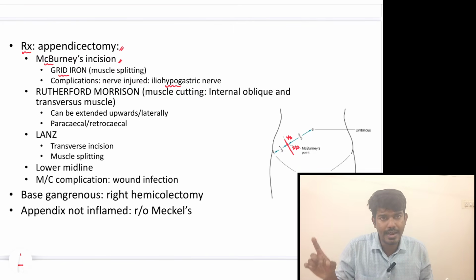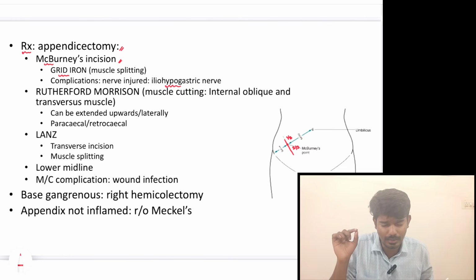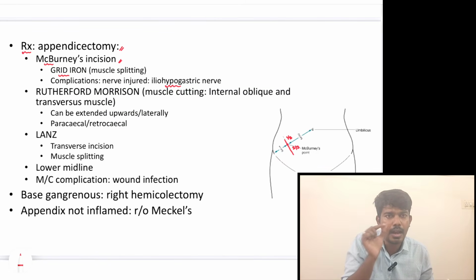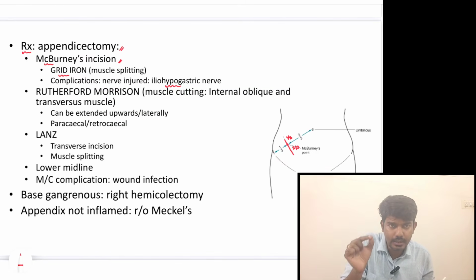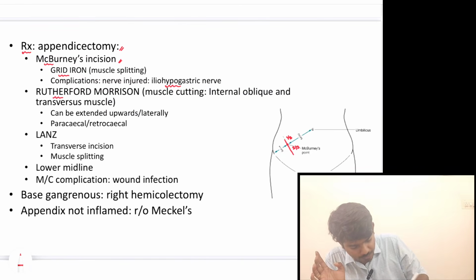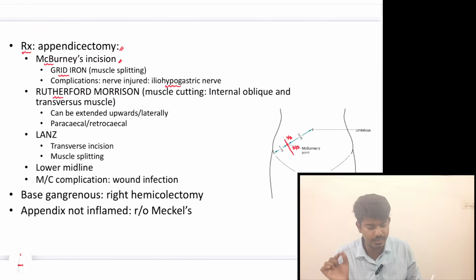So the McBurney's or gridiron incision used for acute appendicitis can cause ileohypogastric nerve injury, which can cause direct inguinal hernia. Next is a modification of this, that is the Rutherford Morrison incision.